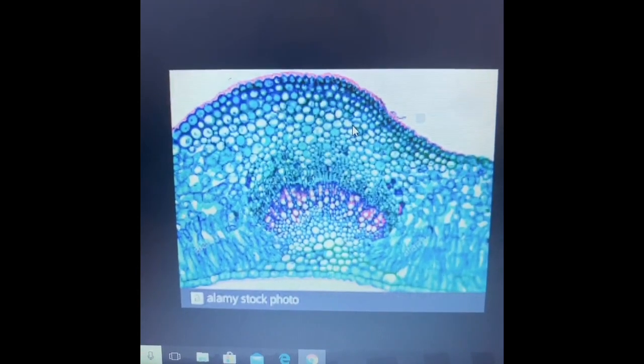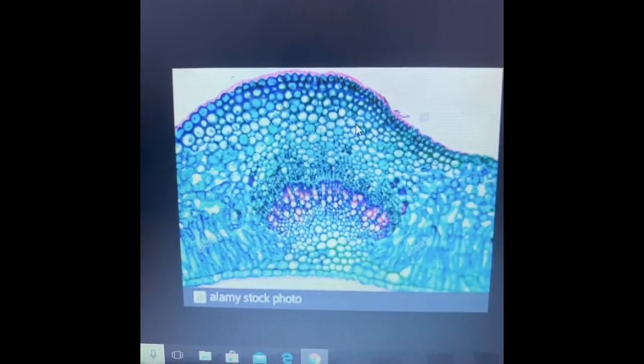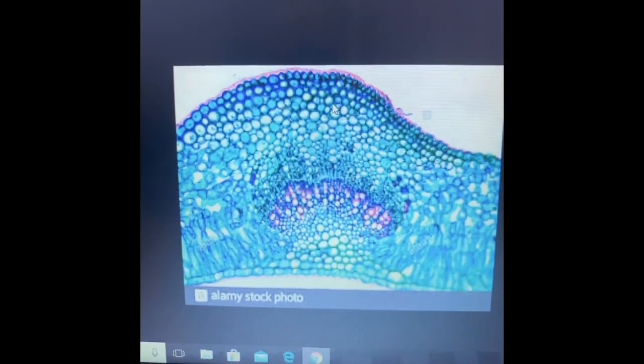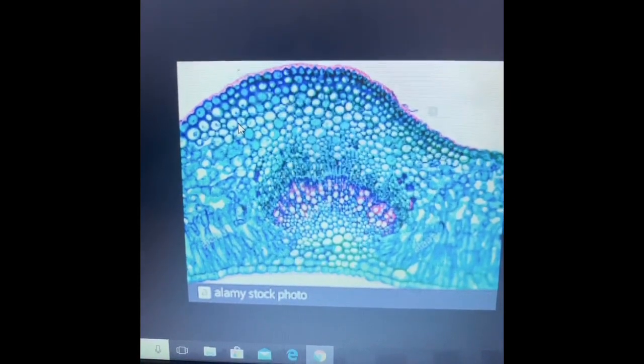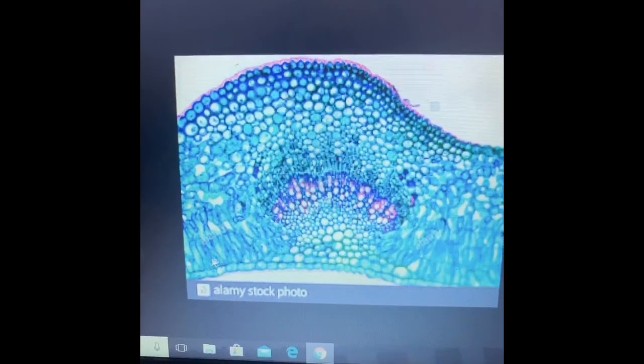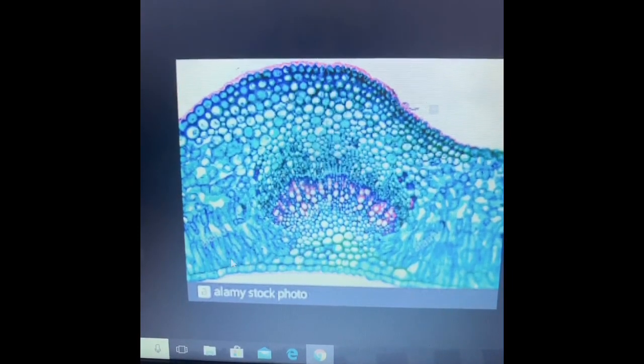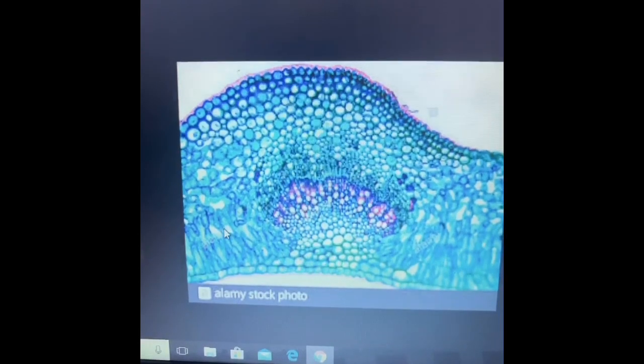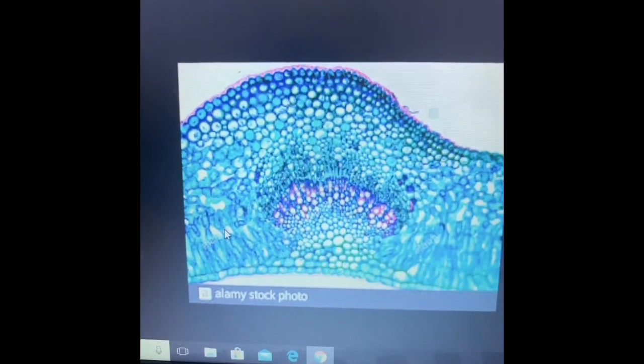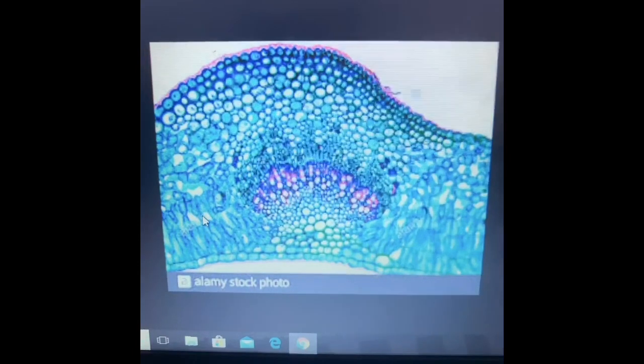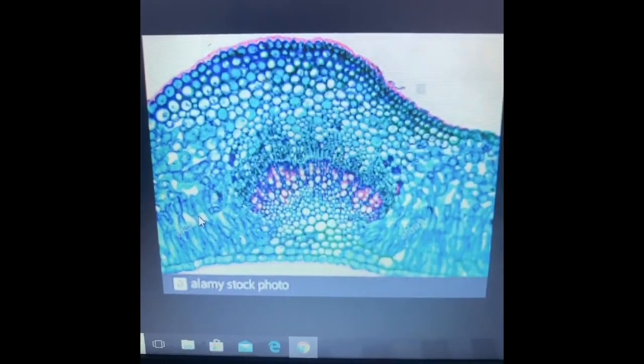You will identify them with thickened walls, and they will also show chloroplast. Parenchyma will have very thin walls, and they will have chloroplast. So this is your chlorenchyma present in the leaf. This is just an example to make you all understand how they look under the microscope.